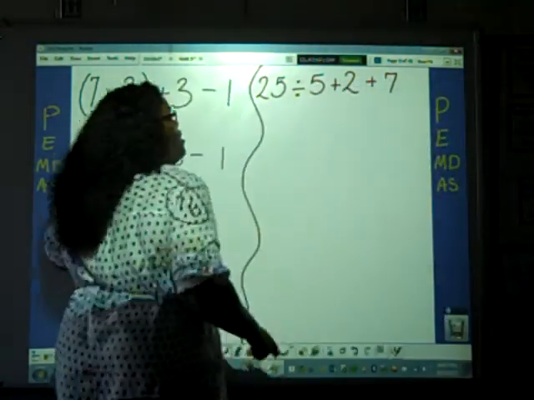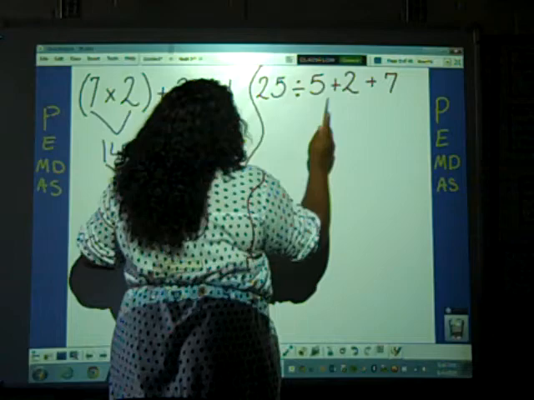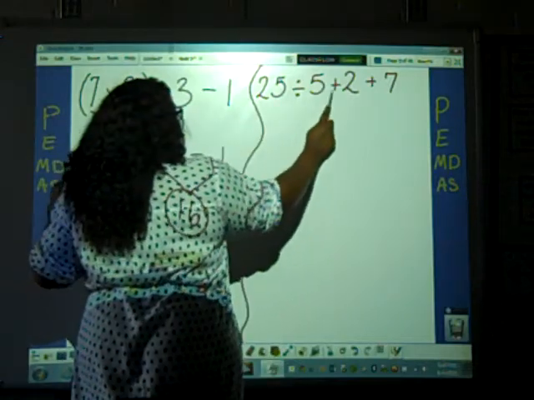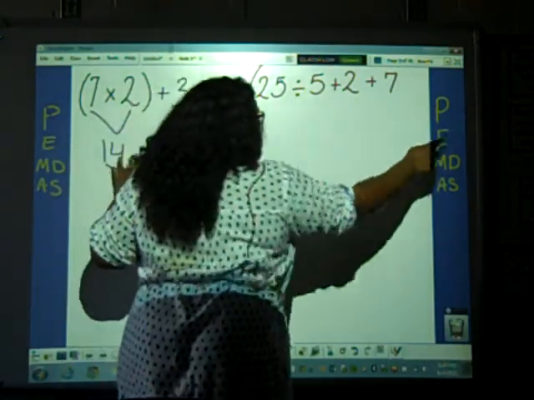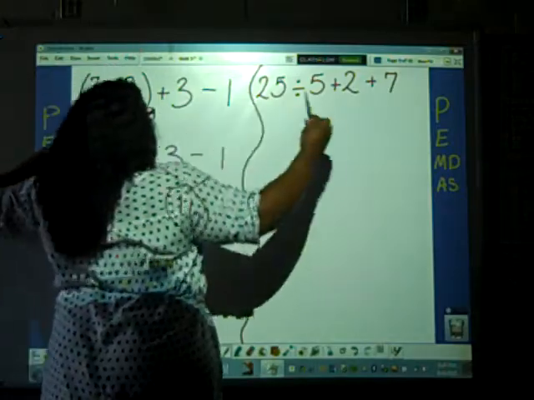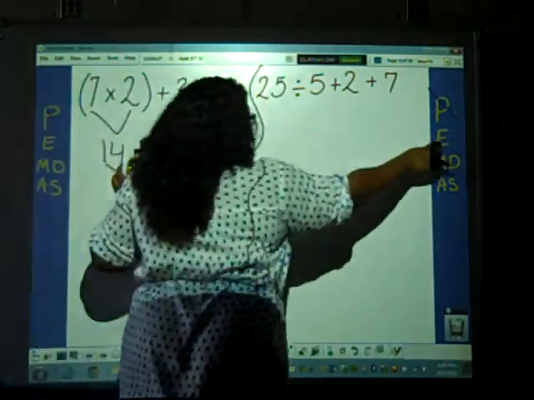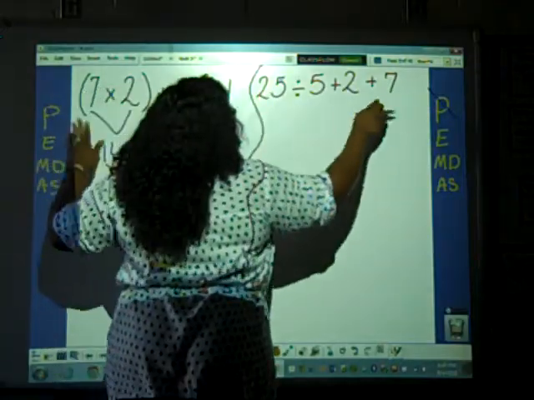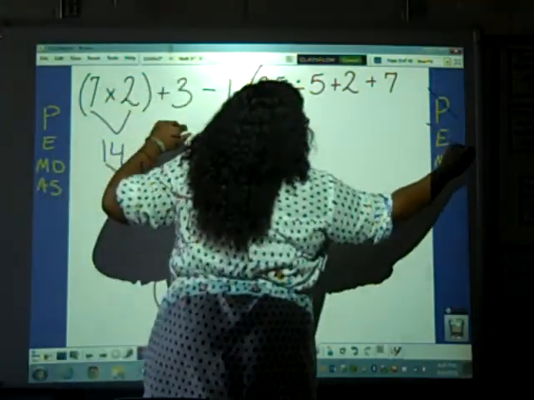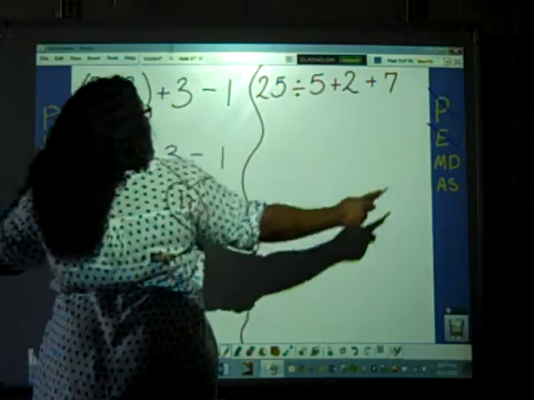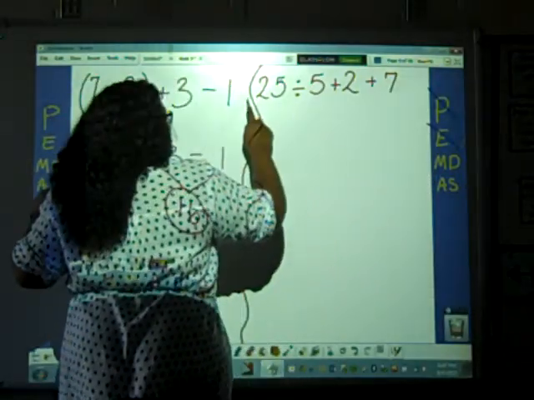So, do I see parentheses in 25 divided by 5 plus 2 plus 7? In parentheses? No. Now, next one. Any exponents? No. Do you see any multiplication?